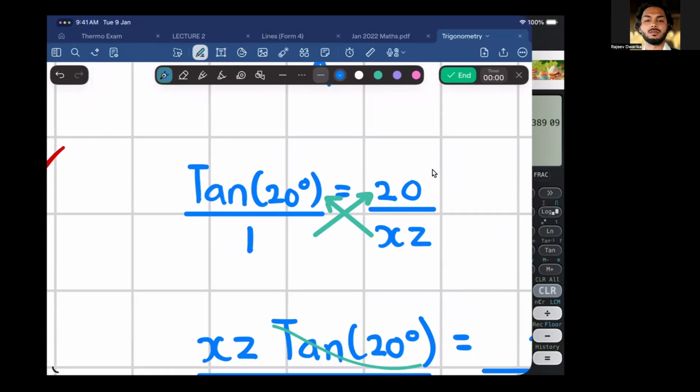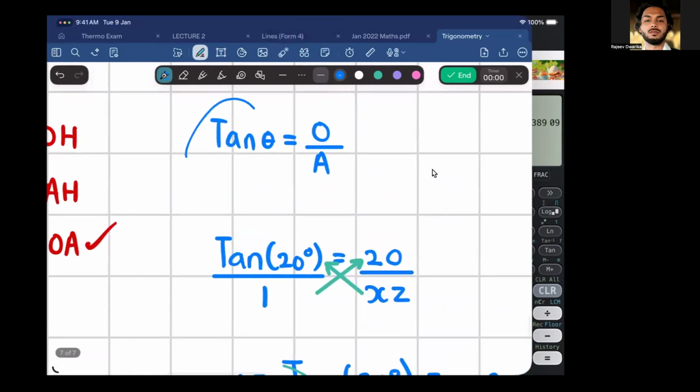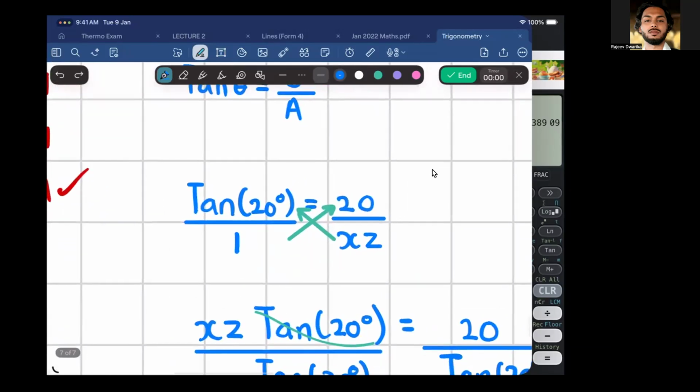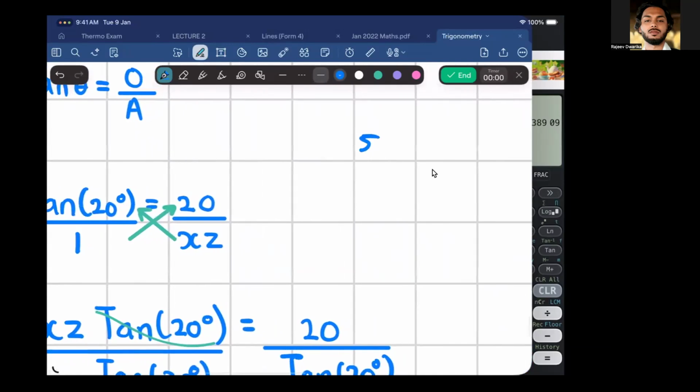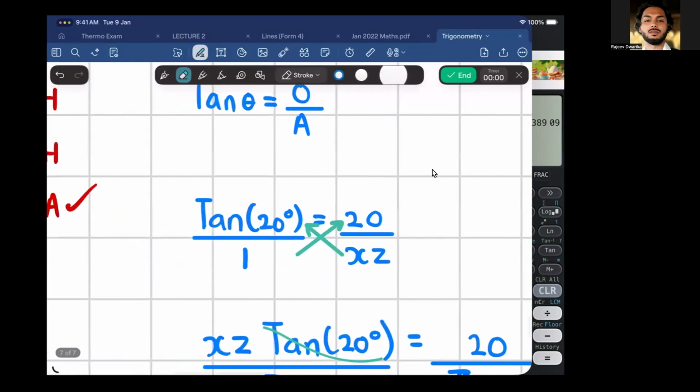And this only works if you have two fractions on either side. Is tan 20 a fraction? No. So to make it a fraction, I wrote tan 20 over 1, which means the same thing. Think of 5. I can write 5 as 5 over 1. If I divide anything by 1, it doesn't change the value. Think of 1,000 divided by 1. Nothing's going to change. So writing tan 20 over 1 is acceptable.